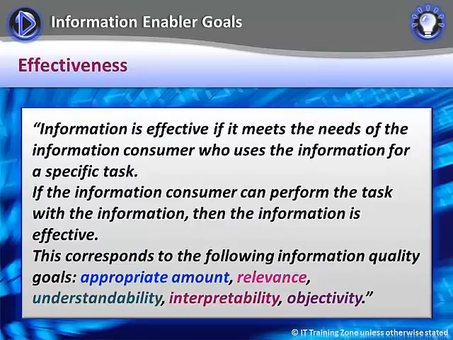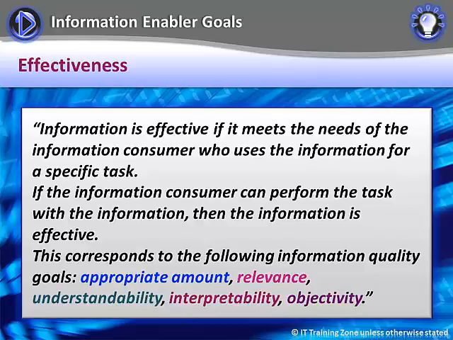Now let's examine how each of the 7 COBIT 4 information criteria maps onto a COBIT 5 enabler goal. The first is effectiveness. This maps to: information is effective if it meets the needs of the information consumer who uses the information for a specific task. If the information consumer can perform the task with the information, then the information is effective.